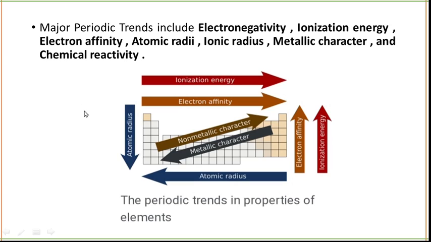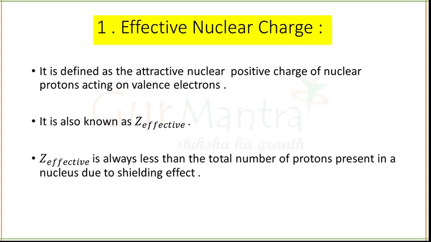The major periodic trends that we are going to study are electronegativity, Z effective, atomic radius, electron affinity, and so on. The very first periodic trend that we are going to start with is effective nuclear charge.